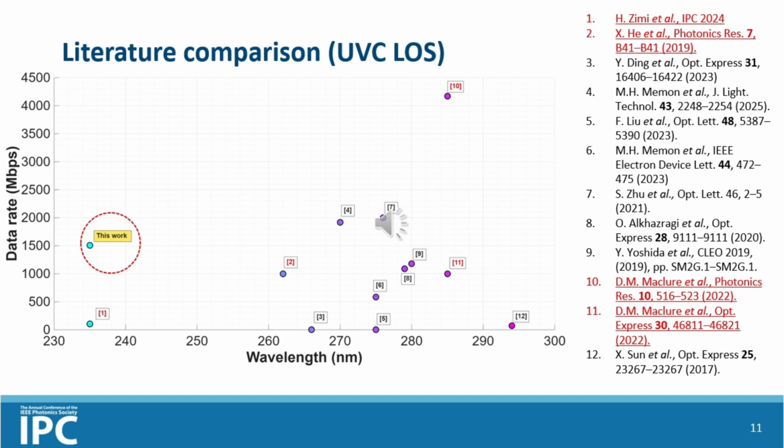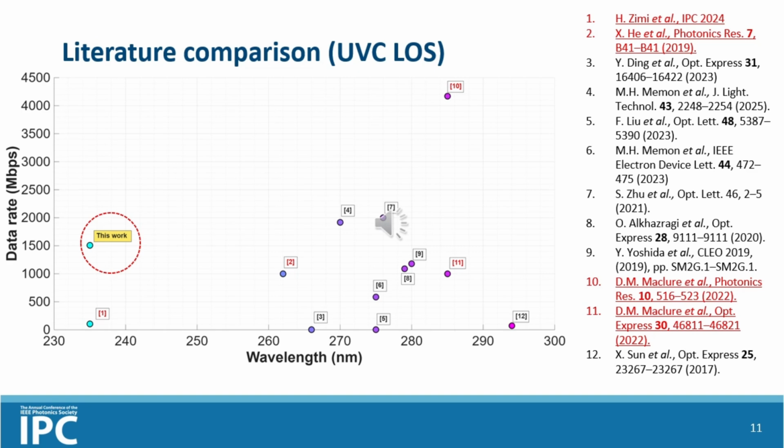This figure shows how the results in this work compare to what has been previously reported elsewhere in the literature. The figure shows the maximum data rate versus the peak wavelength for various publications. Publications from our group have been highlighted in red.